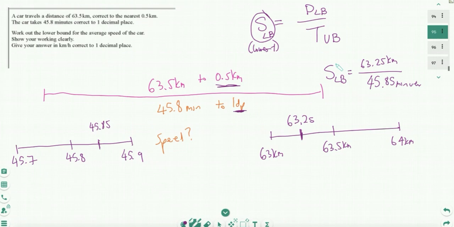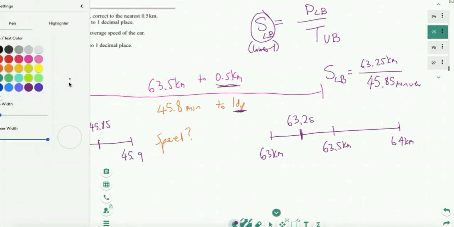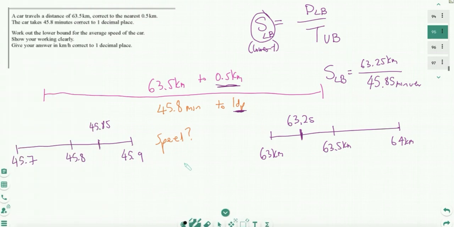63.25 divided by 45.85. That gives us a speed of 1.379 kilometers per minute. But we want to give our answer in kilometers per hour.